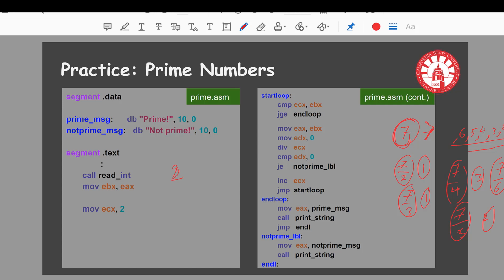If the remainder is 0, then 8 is not going to be prime. So we divide 8 first by 2. The quotient is going to be 4 and the remainder is going to be 0. Therefore, we immediately know that 8 is not a prime number. So this program is based on this algorithm. So let's see how we can implement that.